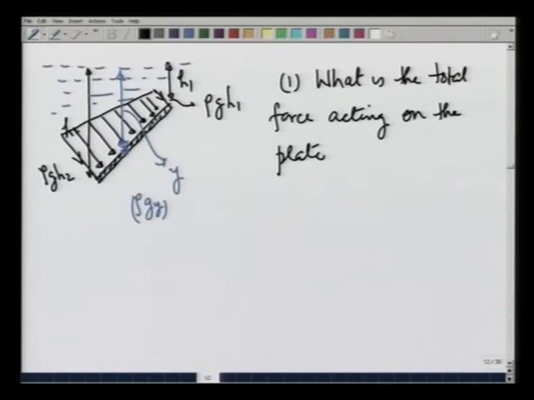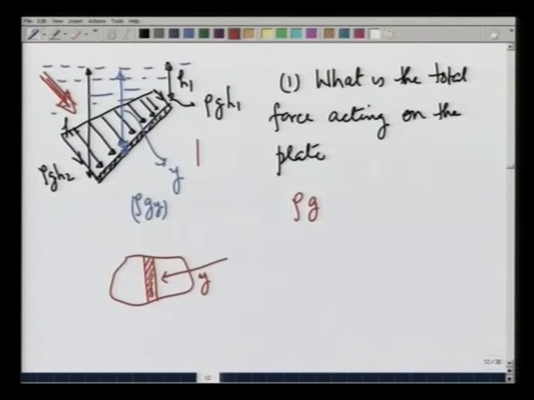Let me look at the plate from this side. Then you will see the plate could be of this shape. If I take a particular area here at depth y, and I am measuring depth from this side, then the force acting on this area is going to be rho g y dA. y is being measured like this, vertically down.